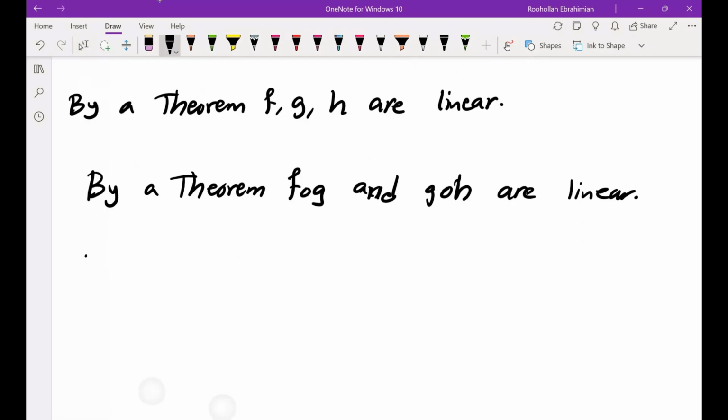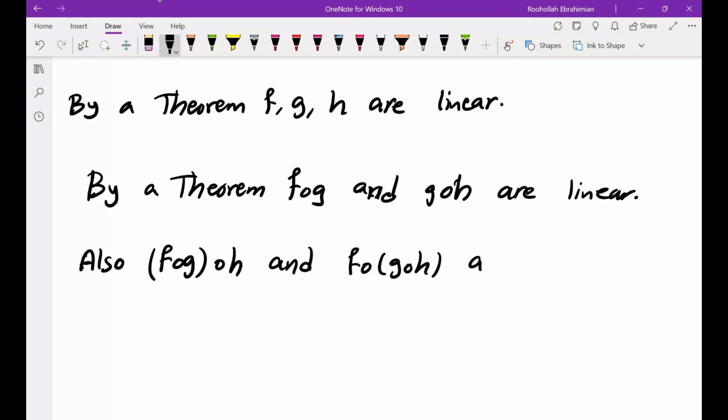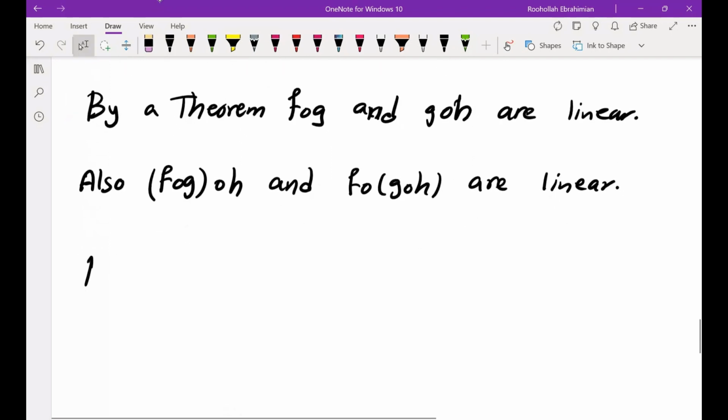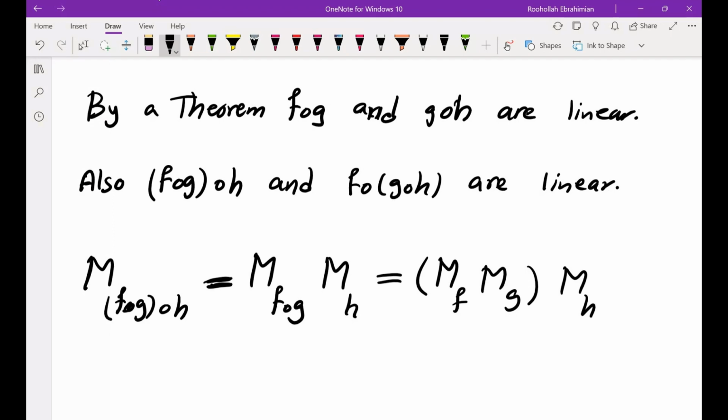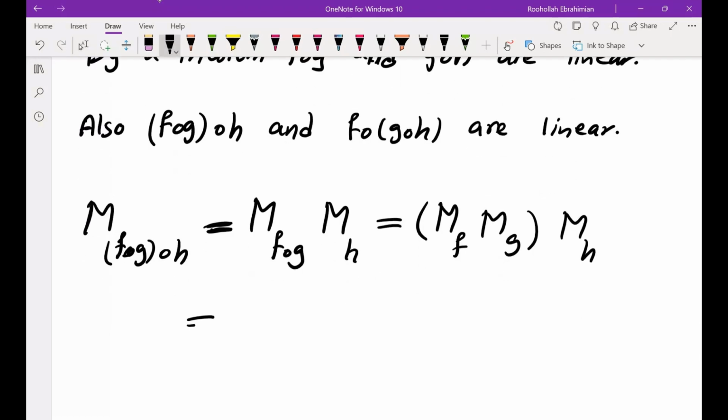If I do f∘g∘h, these are linear. Now I'm going to look at the matrices. The matrix of f∘g∘h, by the theorem that we just proved, is the matrix of f∘g times the matrix of h, which is the same as matrix of f times matrix of g times matrix of h. But what is matrix of f?